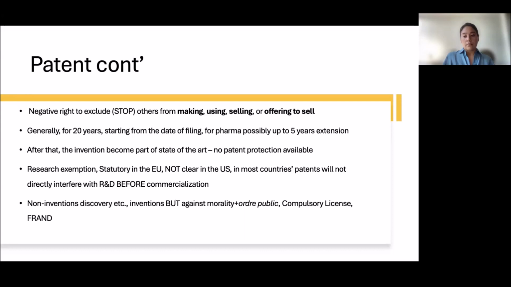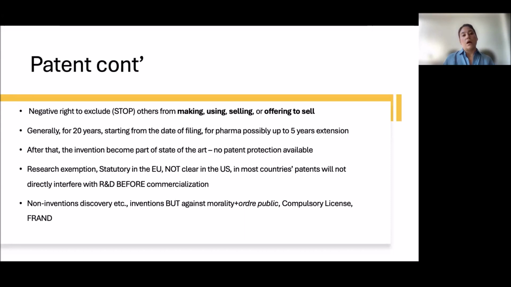And that's why it is called a negative right. You just stop others and obtain a competitive advantage in order to recoup your investment, time, labor, depending on how you look at IP from a theoretical point of view.